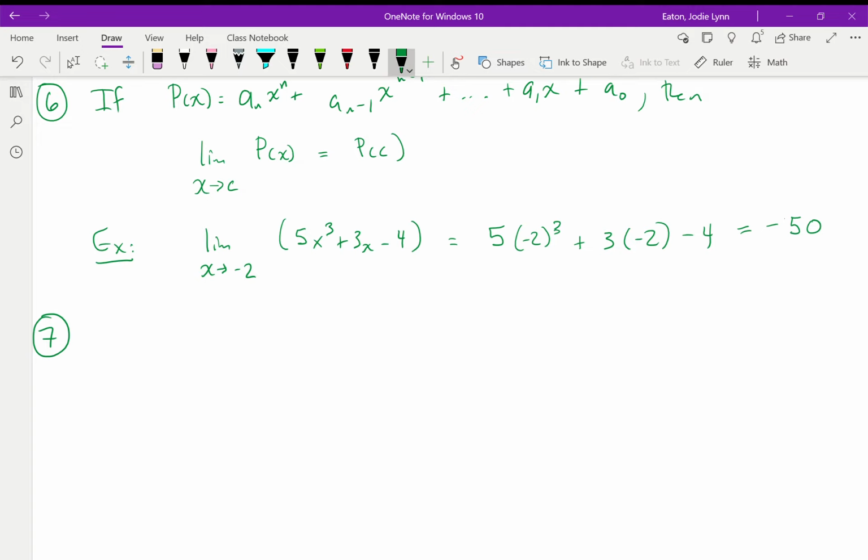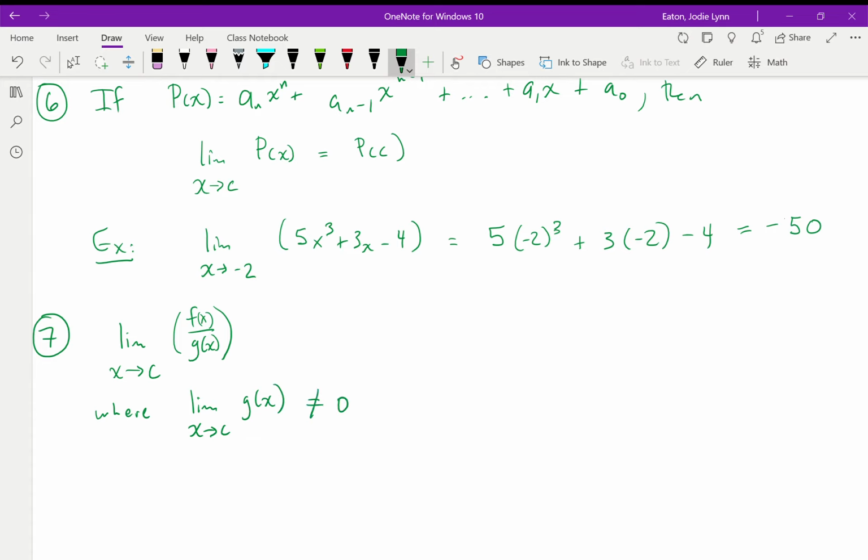So our first situation, we have the limit as x approaches c of f of x over g of x, and we're going to set the little caveat where the limit as x approaches c of g of x is not equal to 0.